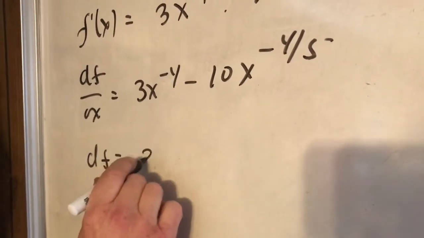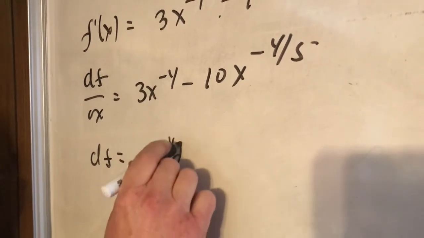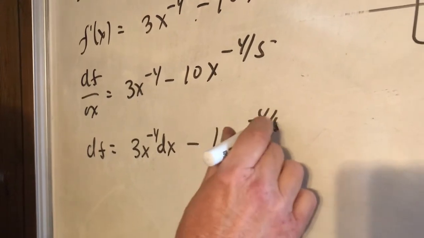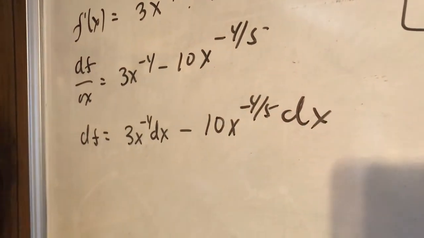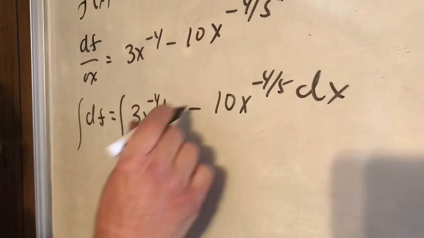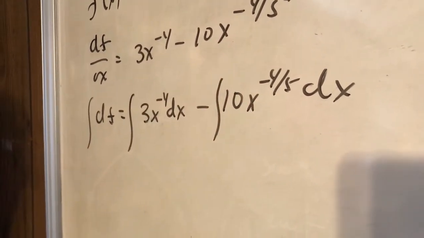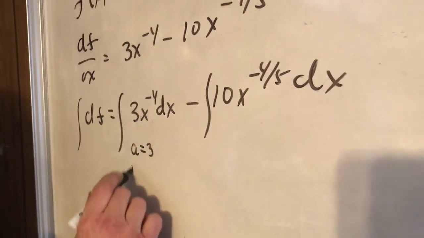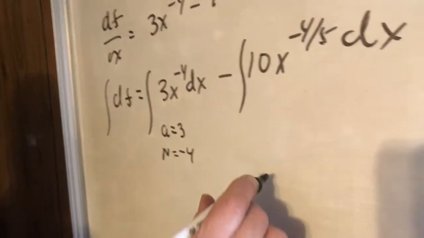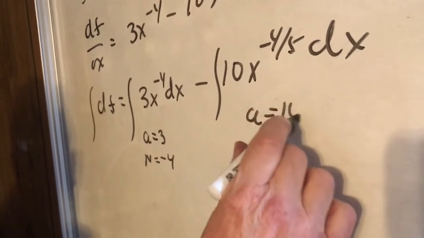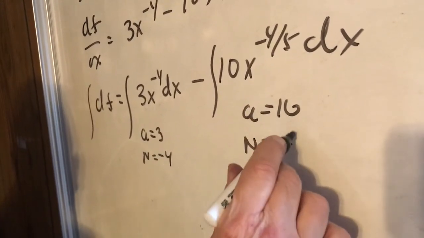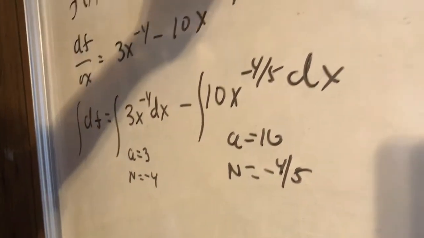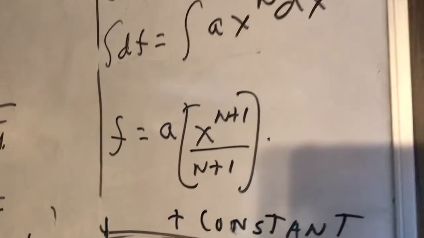I'm going to distribute it as I multiply, and add the integral signs. So, here you have a equals 3, n equals minus 4. Here you have a equals 10, n equals minus 4/5. So let's apply our power rule of integration.